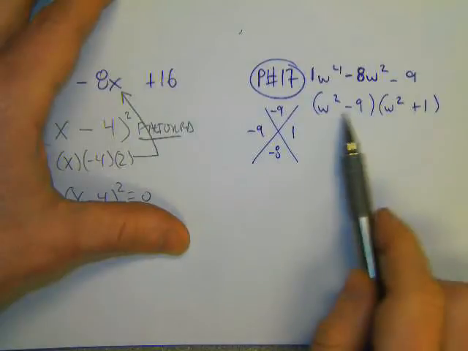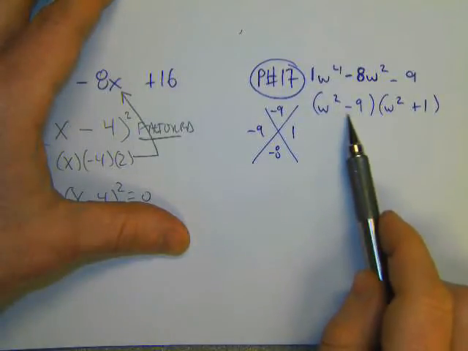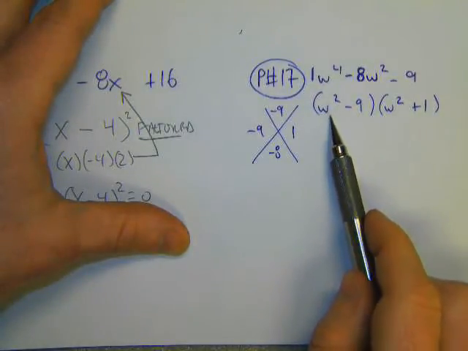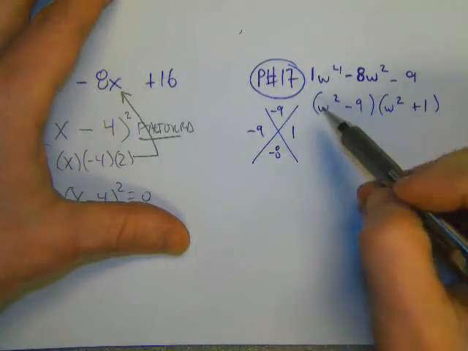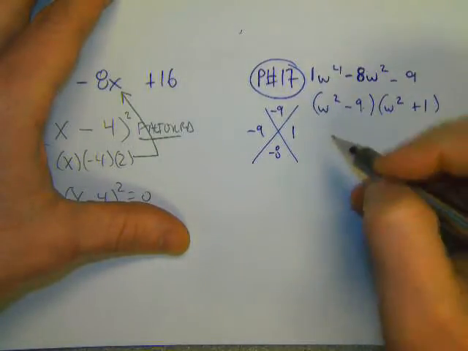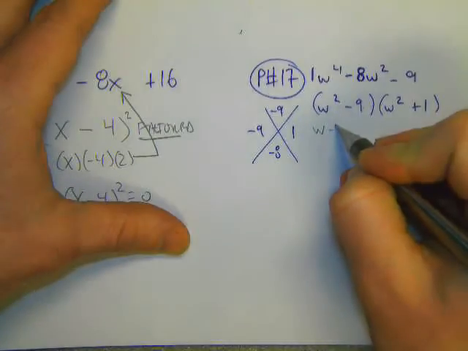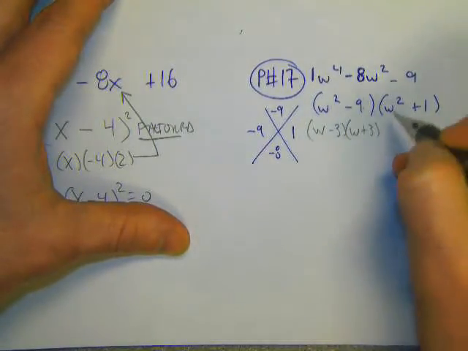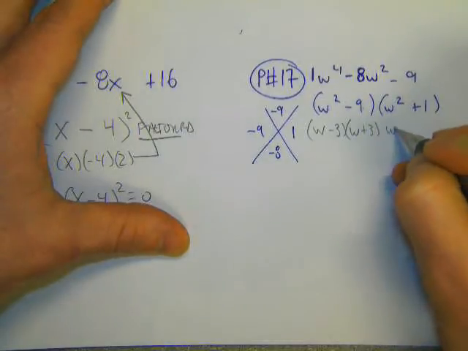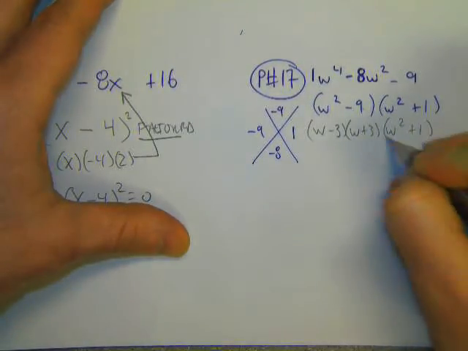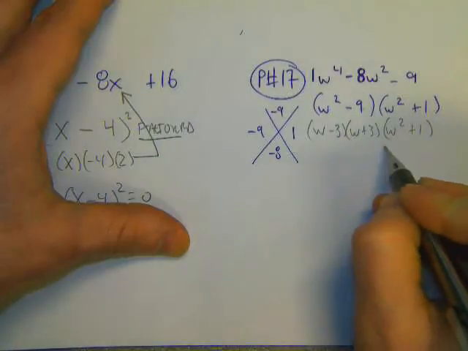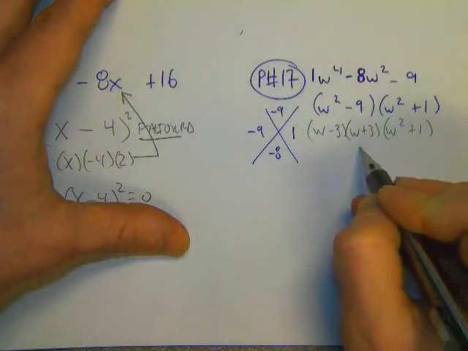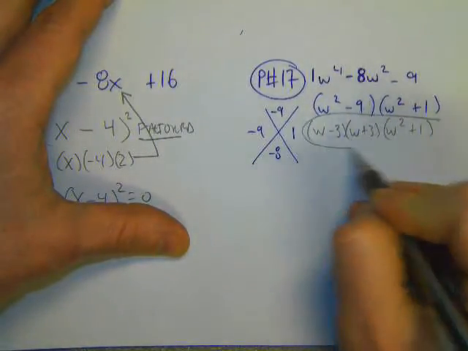This does not. I've got some concerns with this being prime. That to me looks like difference of squares. I've got a perfect square, a minus, and perfect square. That's difference of squares. So w minus 3, w plus 3, and then I just bring this down. w squared plus 1. Now is everything prime here? And it is.